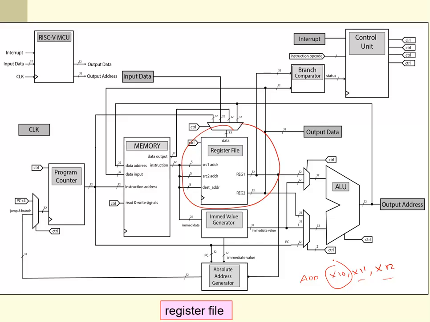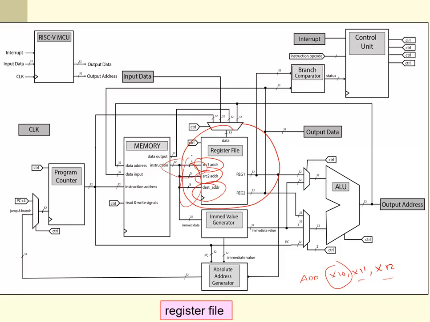Once you hear terms like dual port, what that means to you is it's a special RAM. It's special to us because it can read two independent addresses, which are these two things, and it can write one address. Now these three addresses, there are 32 registers, so each of these address lines is going to be a field, meaning a field code in the instruction word itself, and you can see it coming right off the instruction.